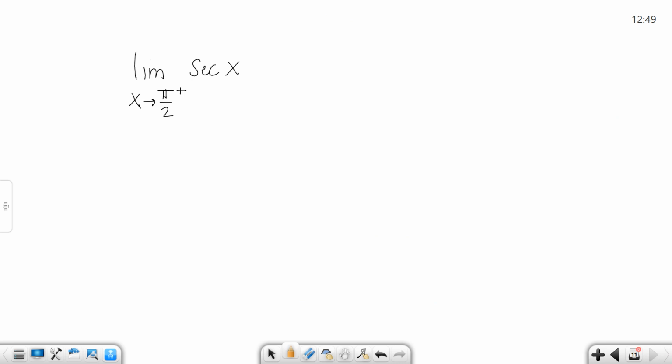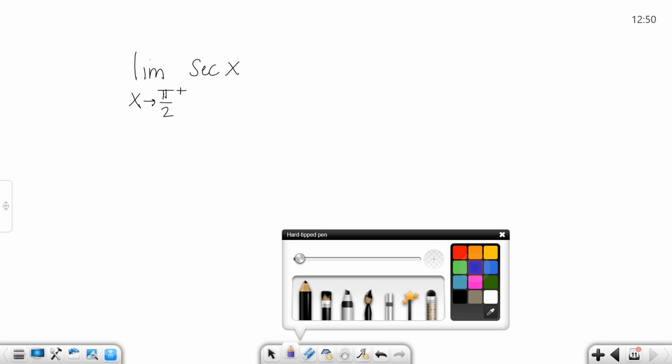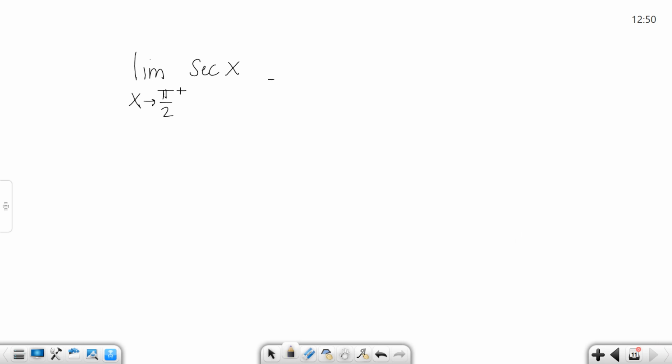Now let's talk about secant again. Here we go again with the trig. If I'm plugging in the secant, I know secant is 1 over the cosine. This would be the limit as x goes to pi over 2 from the right side of 1 over the cosine.